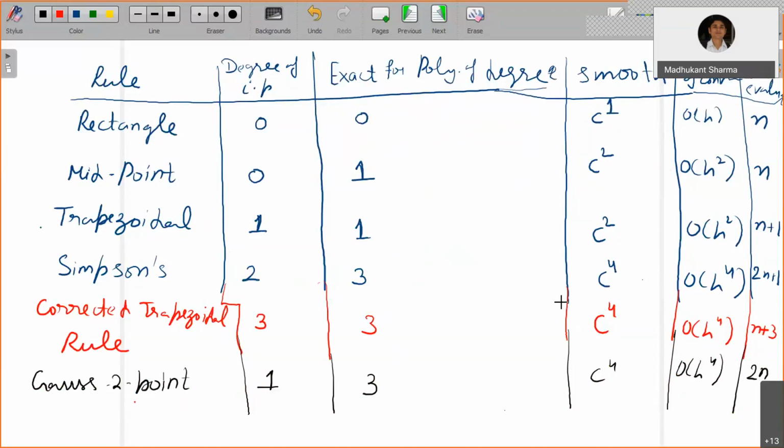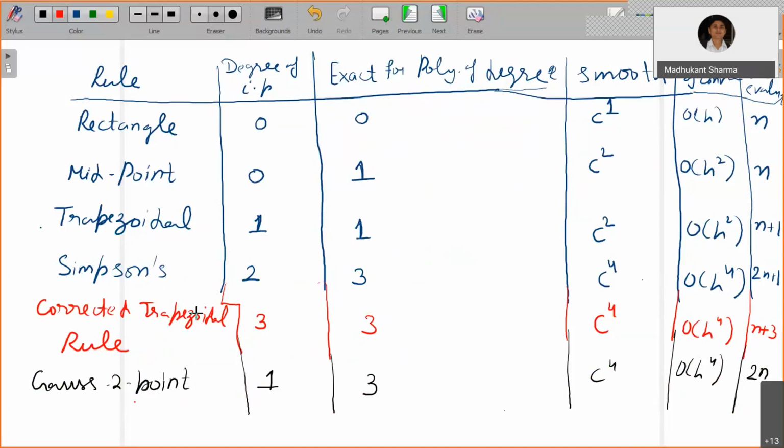There is not much difference in number of function evaluations, order of convergence, and smoothness required. Only the corrected trapezoidal rule requires n plus 3 function evaluations, but there one condition was that you require the values of f dash at a and f dash at b, additional derivative information. Otherwise it behaves like Simpson's rule. So whether you use Simpson's rule or the Gauss 2-point rule doesn't matter.